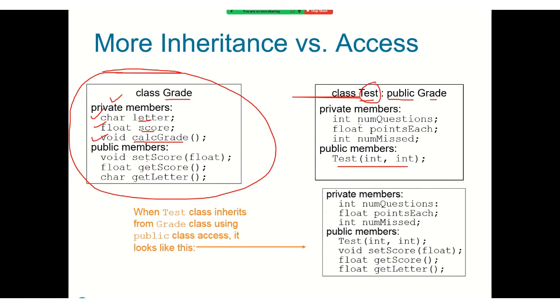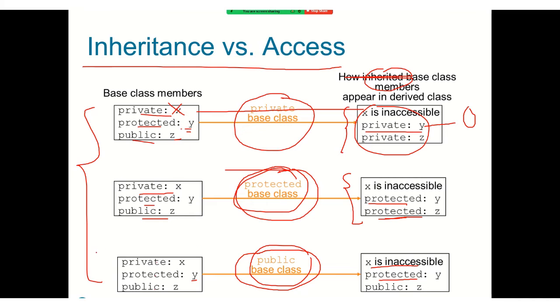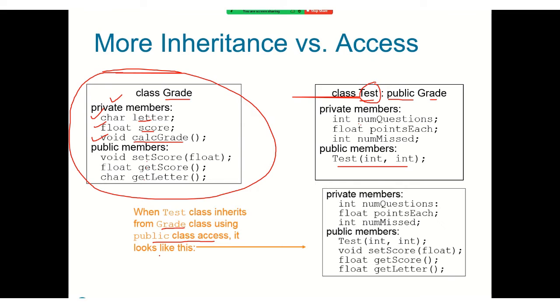Now when the Test class inherits from the Grade class using public class access, it looks like this. Its private members are these three, and the public members, and all these functions go there.